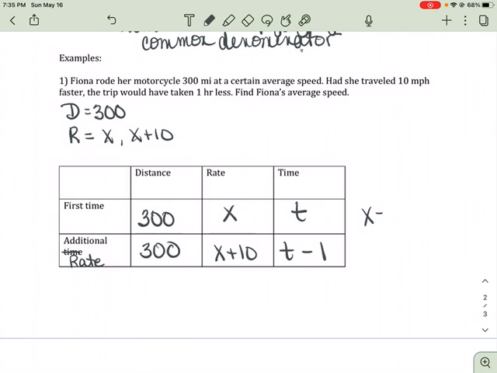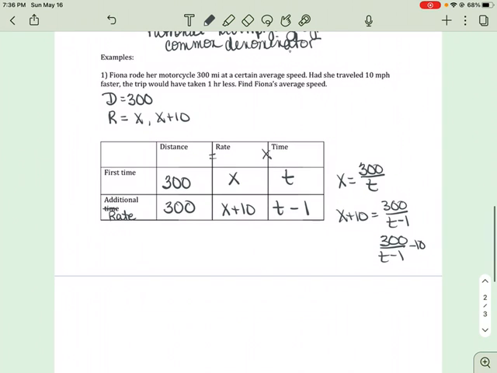Distance equals rate times time, so rate is distance over time. So x is 300 over t, and x plus 10 would be 300 over t minus 1. Our distances are the same, so we have 300 over t is equal to 300 over t minus 1, minus 10.